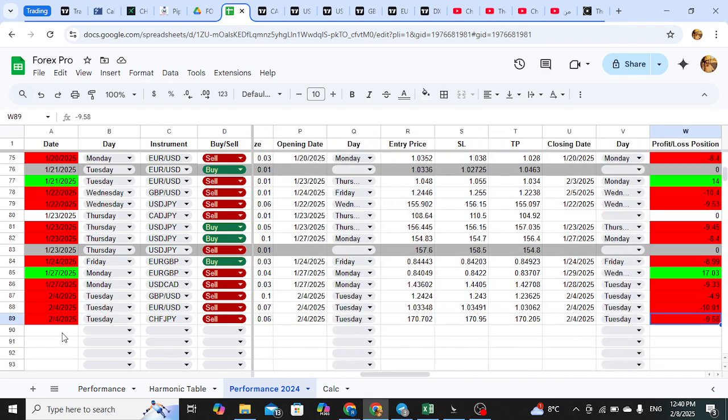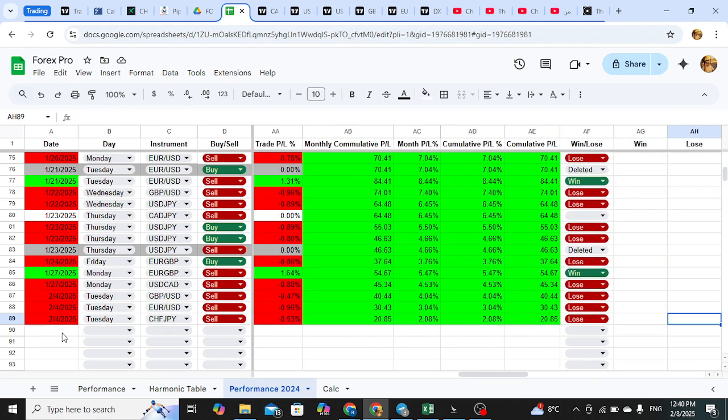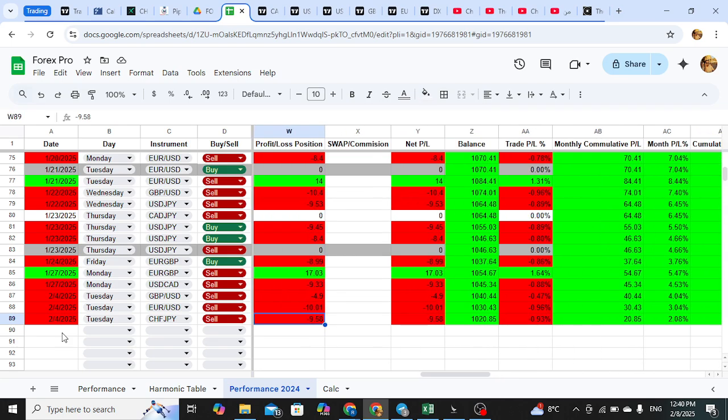Because I'm using at least a 1 to 2 ratio, that means if I'm risking $10, I want to gain $20. Because of that, despite all those previous losses, my capital is still in the green. And this is, in my point of view, the power of the risk to reward ratio that you choose, which can save your account from ruin.